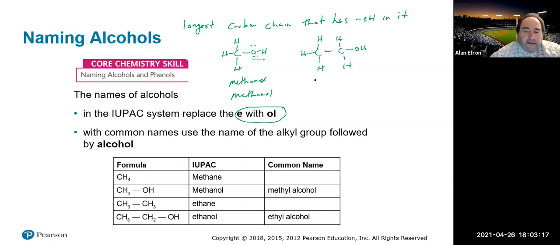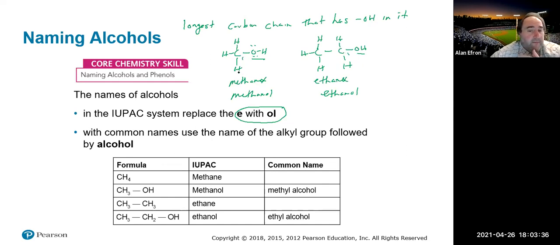Two carbons, based off of ethane, has the OH group. Drop the E, becomes ethanol. In these 2 examples, there's really no other place to put the OH group; this would be carbon 1, or this would be carbon 1.